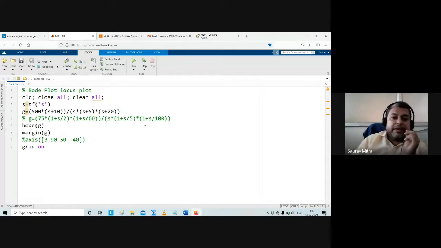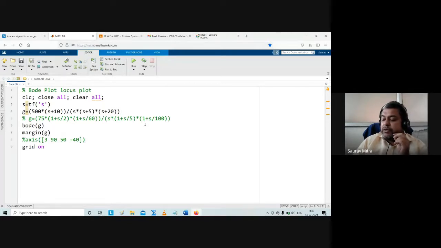Okay, so 10 to 20, what's happening is there are 2 falling slopes and 1 rising slope. The 2 falling slopes are because of 1 by s and 1 by s plus 5, that means minus 40 dB per decade. And for one rising slope, which is starting from 10, it will be plus 20 dB per decade. So between 10 to 20, the net slope will be minus 40 plus 20, that is equal to minus 20 dB per decade.